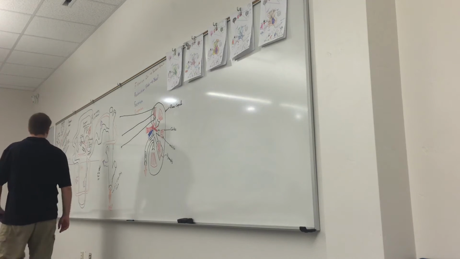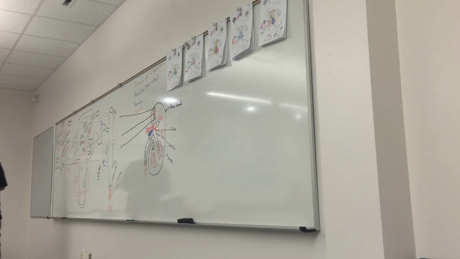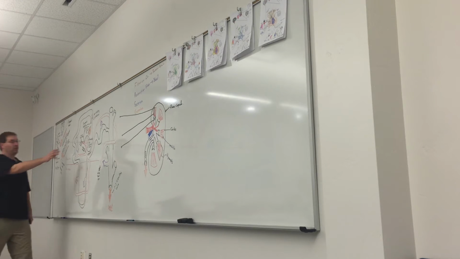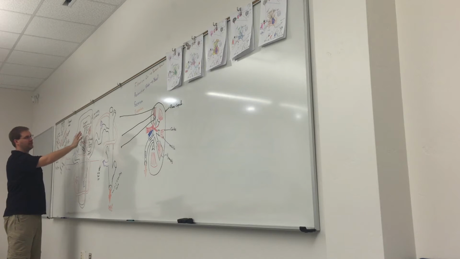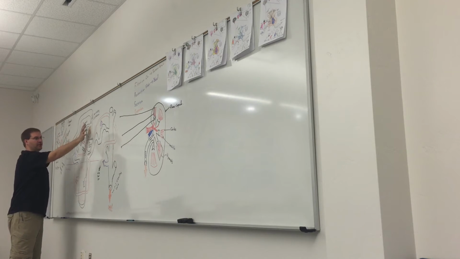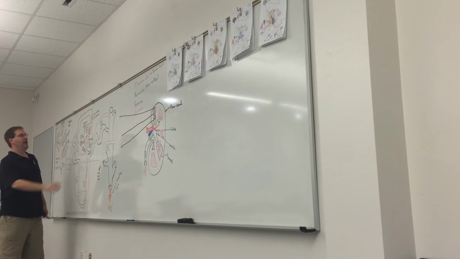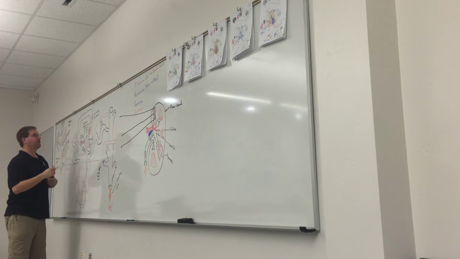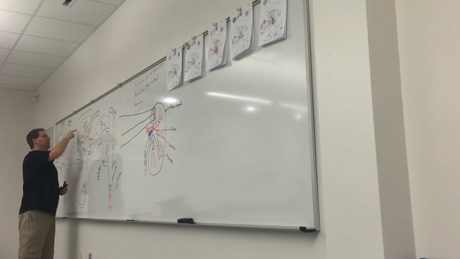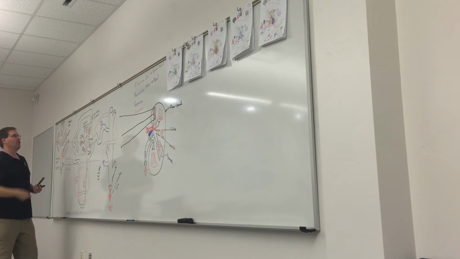Okay. All right. So let's now take this journey through the nephron. So I have a glomerulus. In the Bowman's capsule, we have filtration occurring through the glomerulus, and I have this filtrate. This filtrate is then going to move through the nephron.